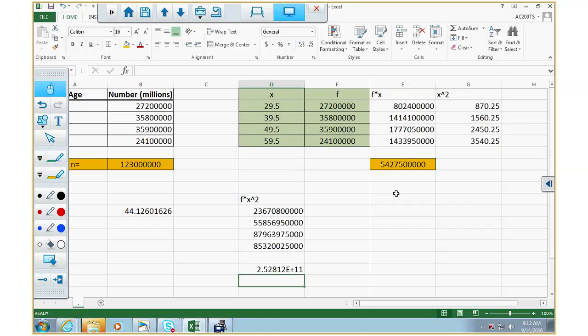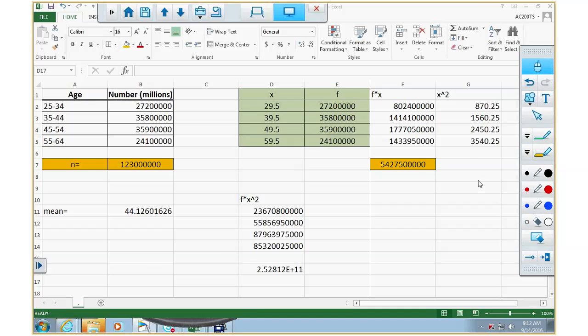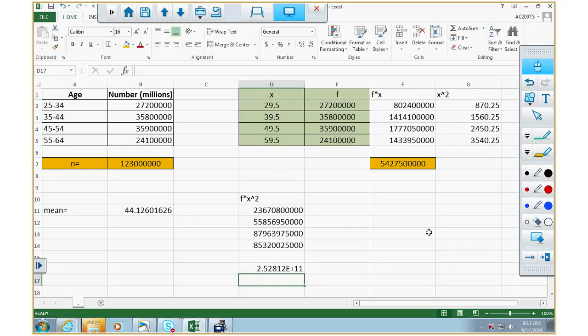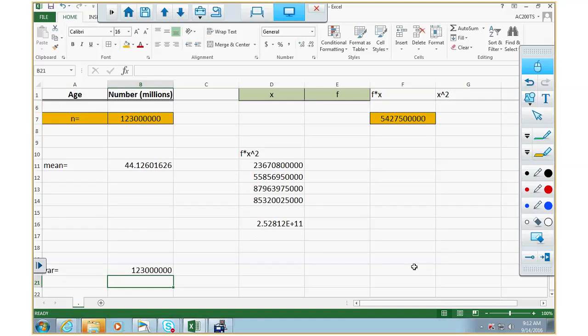So now we just have to plug and chug into the formula, right? That's what I'm going to do, except I'm going to do it right here. So the variance is equal to n times what?